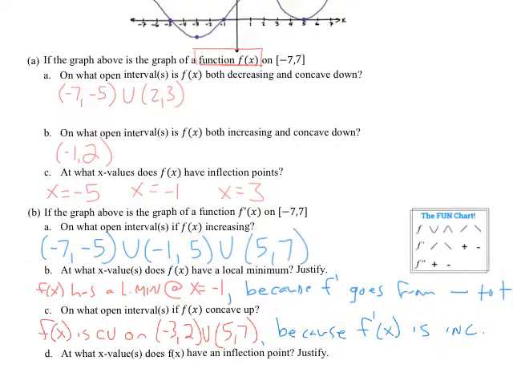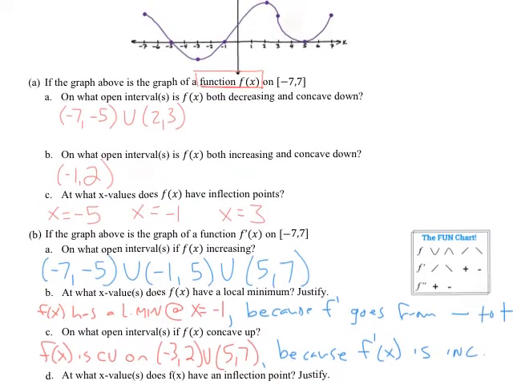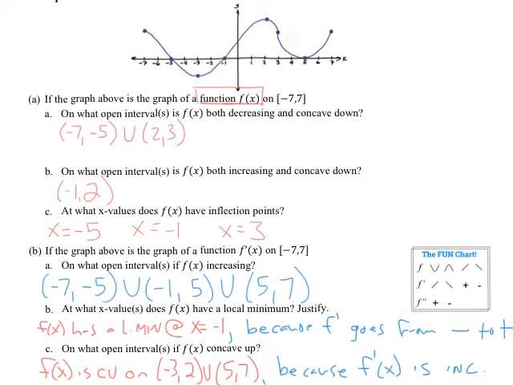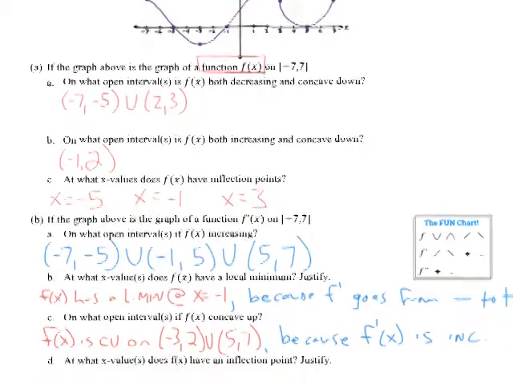Finally, in part D, it says, at what x values do we have an inflection point or inflection value? So we look at this graph and we're going to look for spots where f prime changes from increasing to decreasing. So at -3, f prime changes, at 2, f prime changes, and at 5, f prime changes.